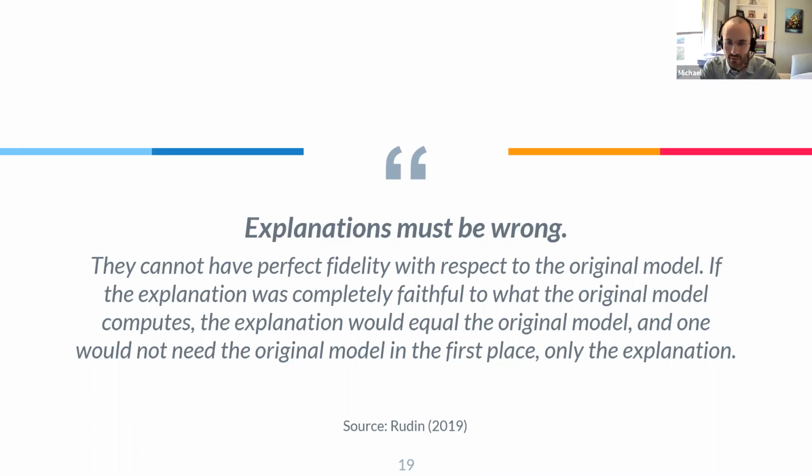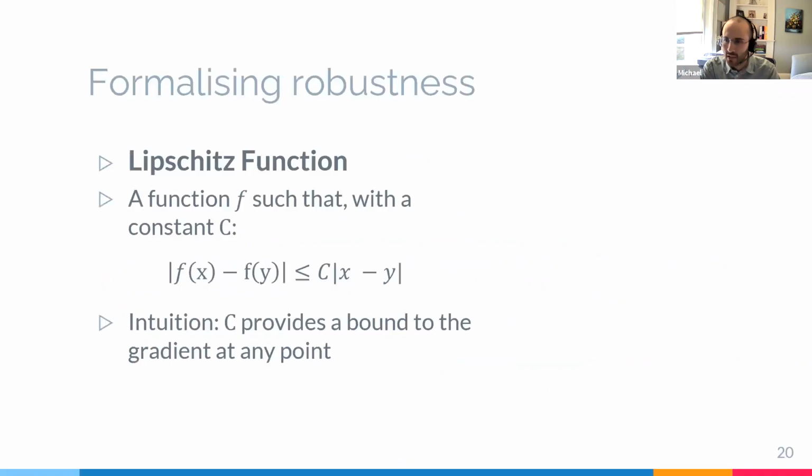I wondered if we could formalize that notion of fidelity, and we can to a certain extent using Lipschitz functions. I'm sure people are probably familiar with these, but I'll explain them because I wasn't familiar with this idea. Essentially, all these are doing is measuring the rate of change of an output with respect to an input, with the constant c providing bounds on that rate of change.